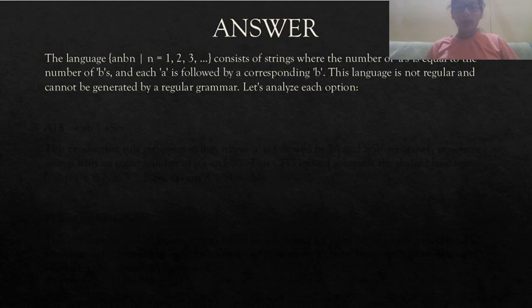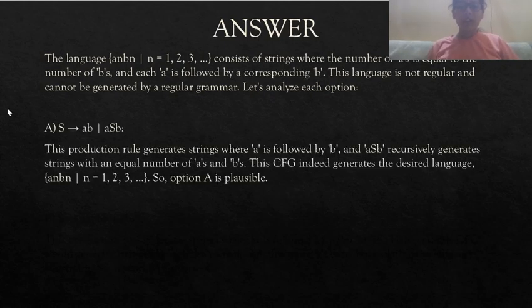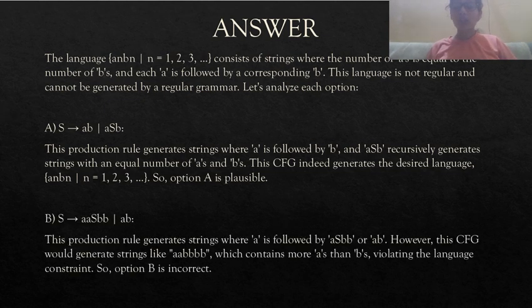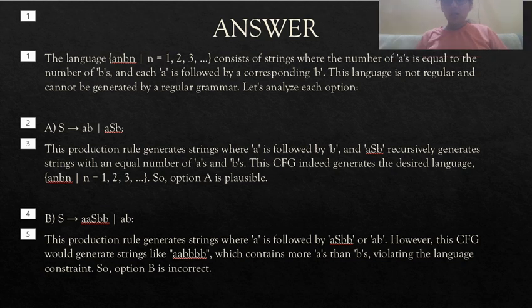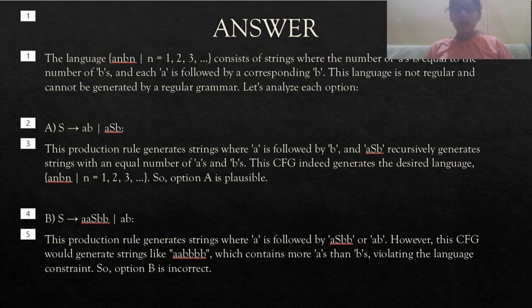So the language A^n B^n, n equal to 1 to 3, consists of strings where the number of A's is equal to the number of B's and each A is followed by a corresponding B. This language is not regular and cannot be generated by a regular grammar. Let's analyze each option.